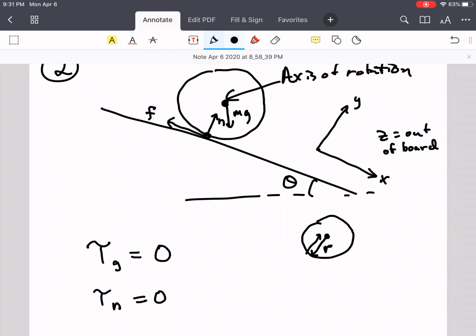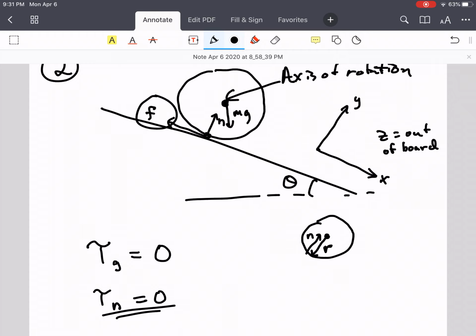And my normal force is going to go straight in. They're parallel to each other. And a force that is parallel to r cannot cause torque. The angle is 180 degrees here. Sine of 180 is 0. So again, the normal force does not cause torque.